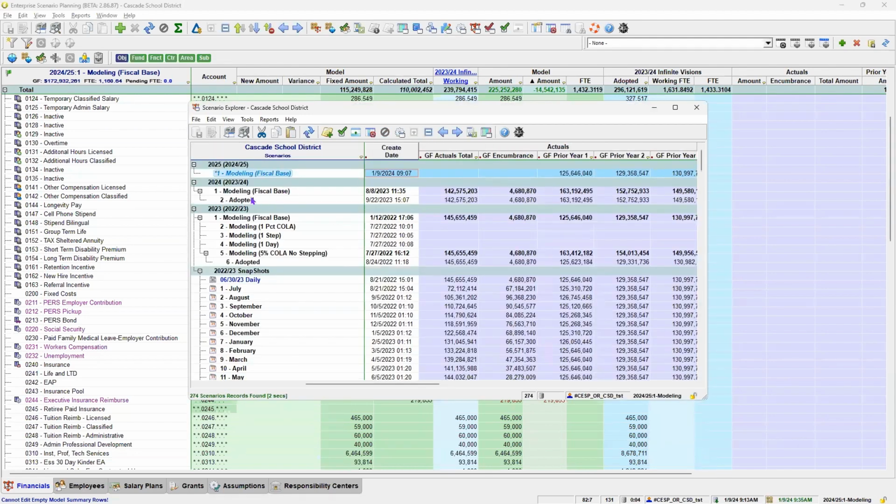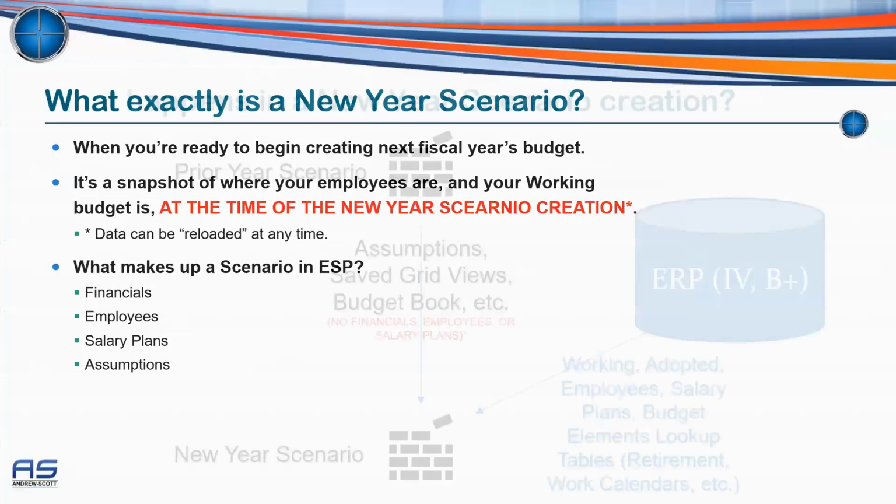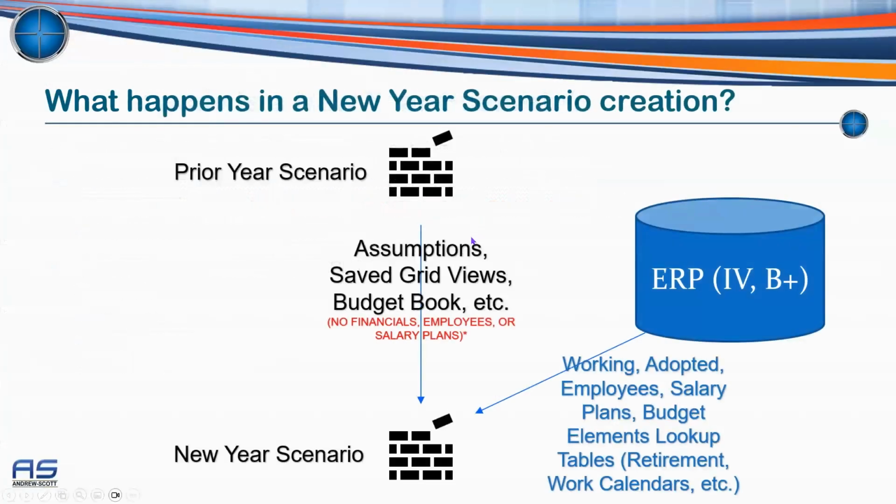Open up Scenario Explorer. The reason why you choose your adopted as your, we call it the parent, is really the only thing that gets transferred. And I think I talk about that. So here's the prior year scenario. Excuse my kind of dumb graphics here.